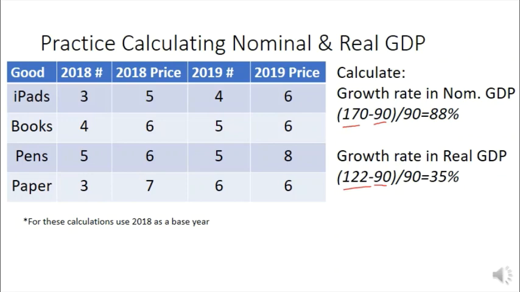And we can use these numbers to calculate a growth rate. Again, using that formula, new minus old over old. So the growth rate in nominal GDP from 2018 to 2019 was 88%. The growth rate in real GDP from 2018 to 2019 was 35%.